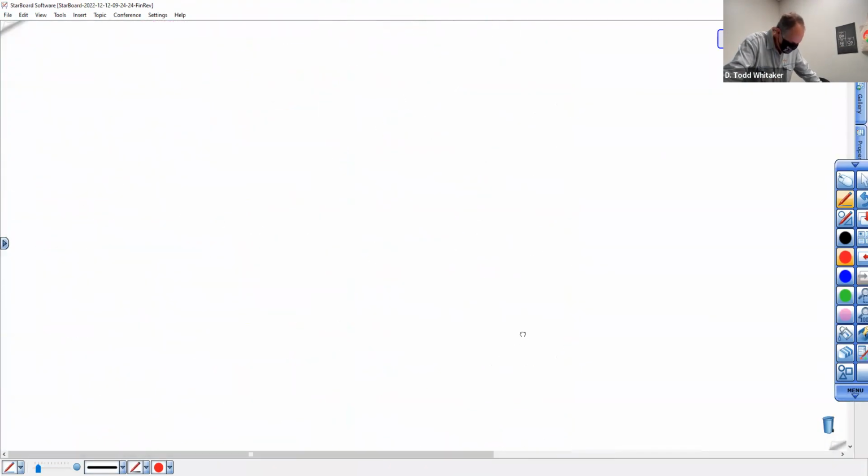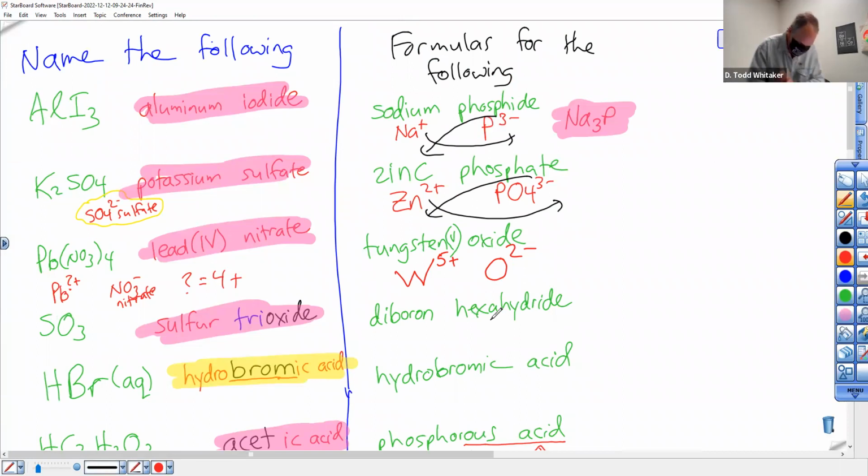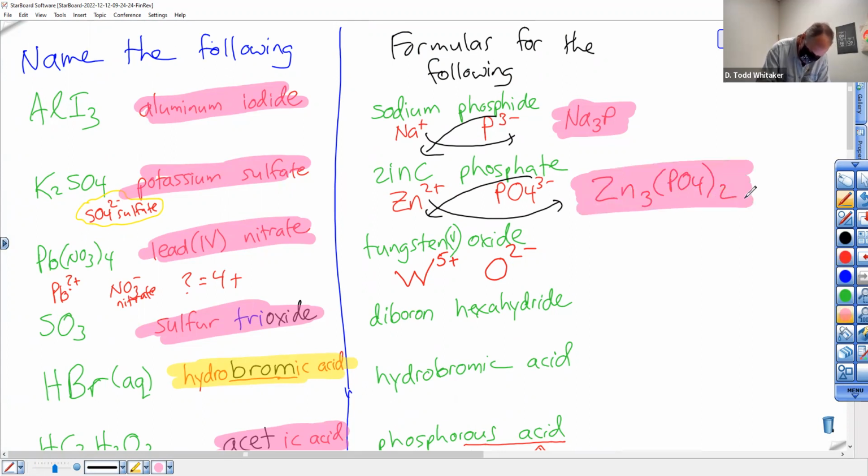It is now done. Zinc was 3 times. PO4 was twice. This one, O is 2 minus. We're doing our crossing. We got 5 O's and 2 tungstens. W2O5.